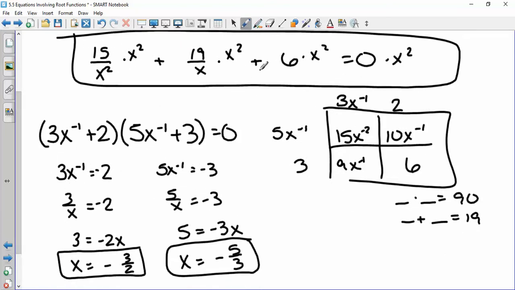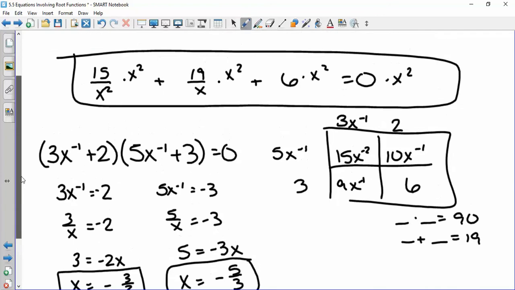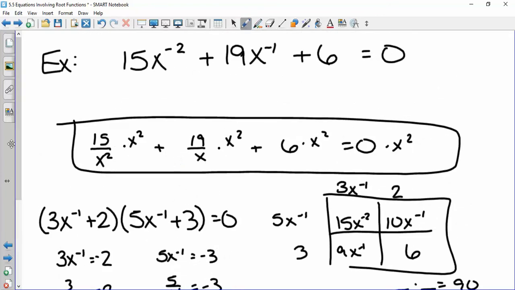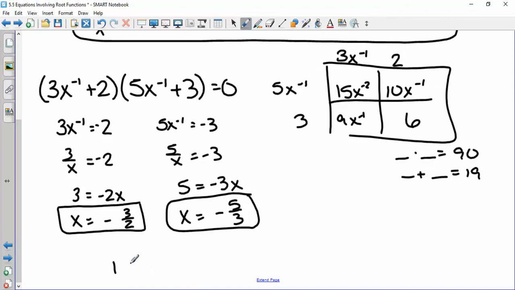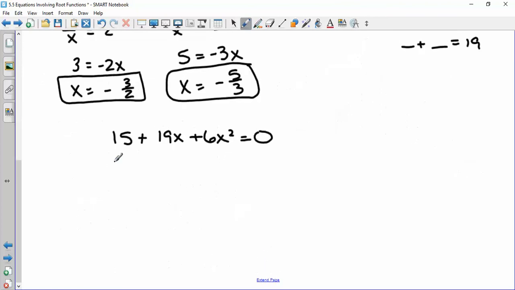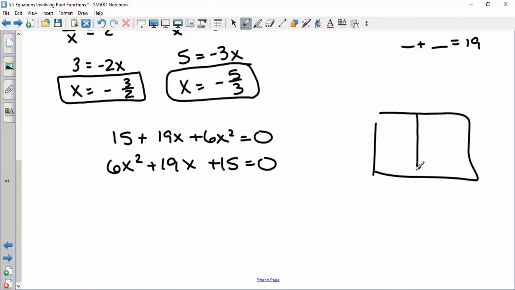Do you guys want me to show you the other way for anyone that wants that? Okay. So if you multiply by your x squareds here, you would get 15 plus 19 over x times x squared would be 19x plus 6x squared equals 0. So then you do your box method. So these multiply to 90, add to 19.